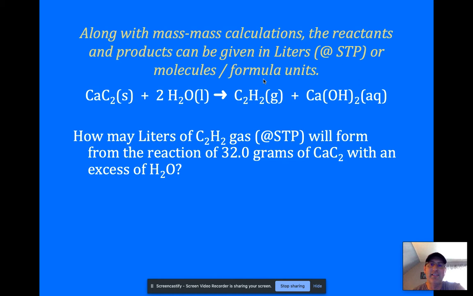They're exactly the same as what you did in chapter 3 and chapter 7. So 1 mole is equal to the mass in grams from the periodic table. 1 mole is equal to 6.02 times 10 to the 23rd of anything. And 1 mole is equal to 22.4 liters of a gas at STP. Remember, all of those are equal to 1 mole.